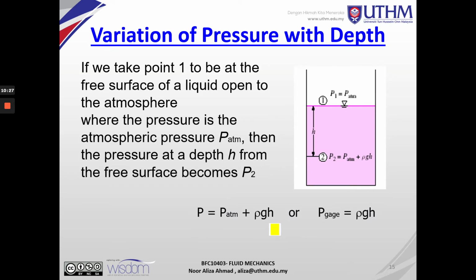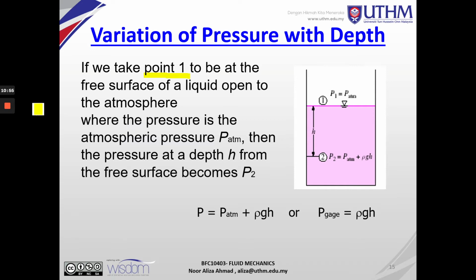Now look at the variation of pressure with depth. Take point 1 to be at the free surface of a liquid open to the atmosphere, where the pressure is the atmospheric pressure, P atm.